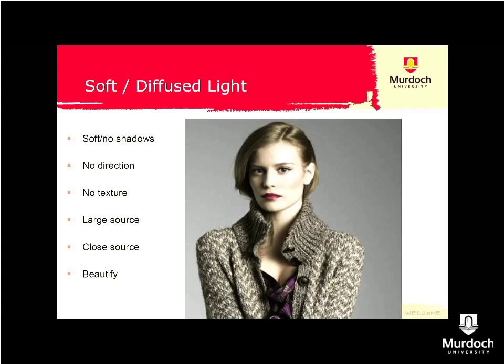So what is actually going on is that the small source is now being made into a very large source that is spread and filtered, and that reduces directionality, it obliterates shadows, and it's much closer than the sun is.